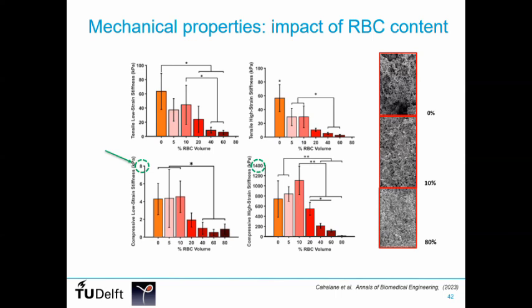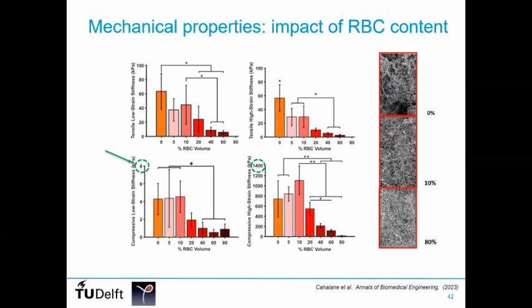We see the same results for the high strain stiffness, and what is remarkable here is that the axes are identical, which means that they have identical values, which means that they have a linear relationship, linear behavior. Still surprising.